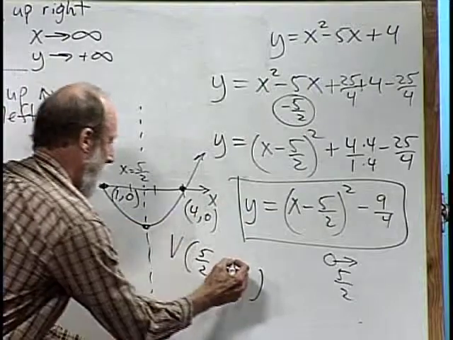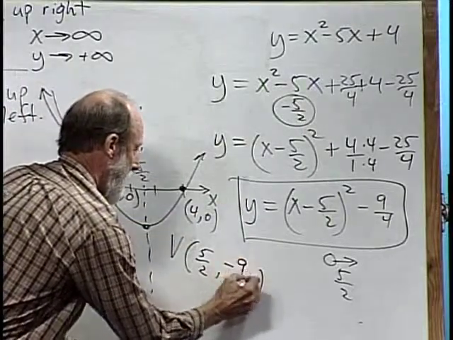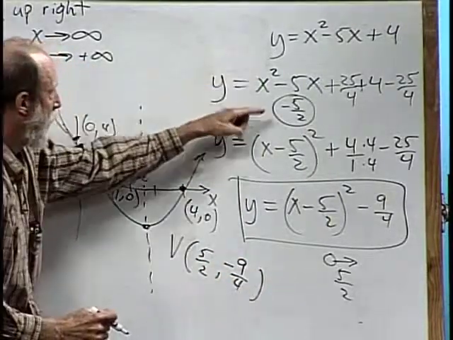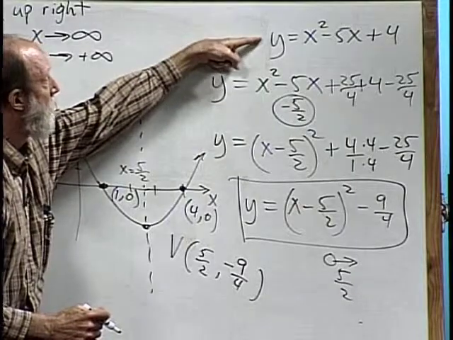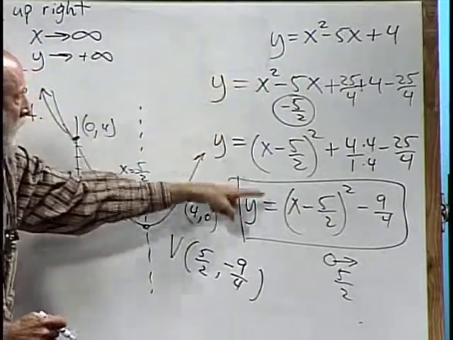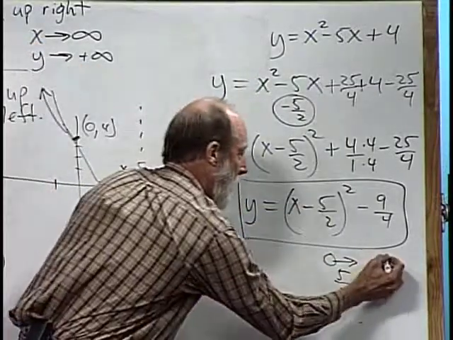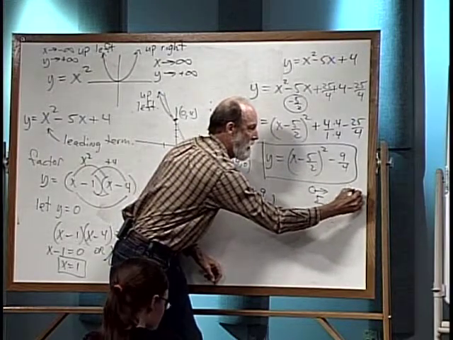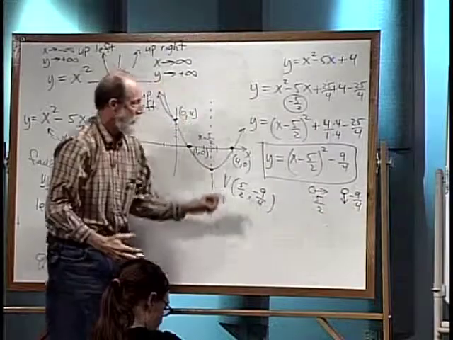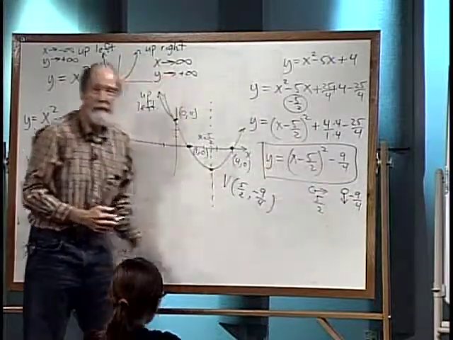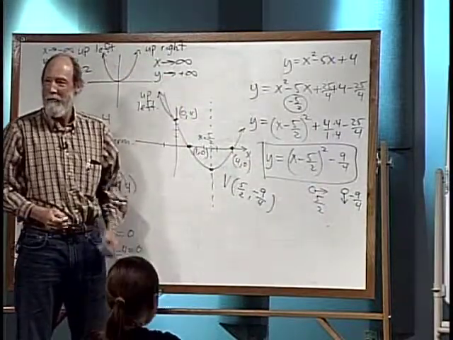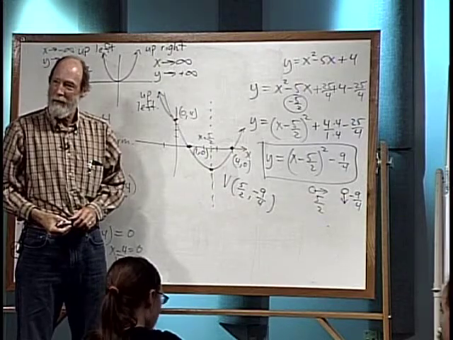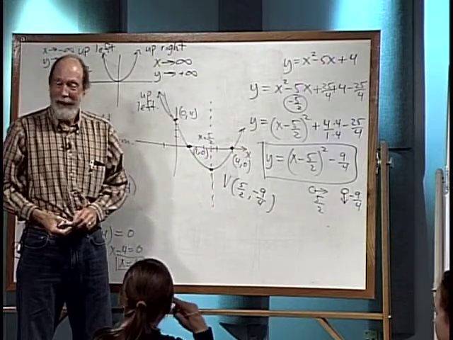So that's a pretty handy feature, to be able to complete the square on a general form of a quadratic function, to put it in this format so that you can identify the combination of the horizontal and vertical shifts. Yes? Would you suggest completing the square before you do factoring so you have more information?